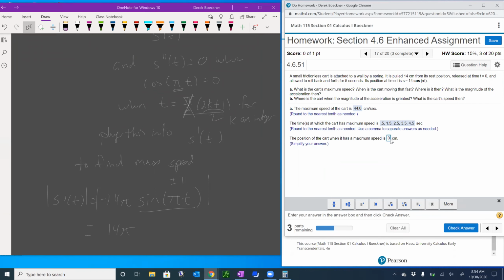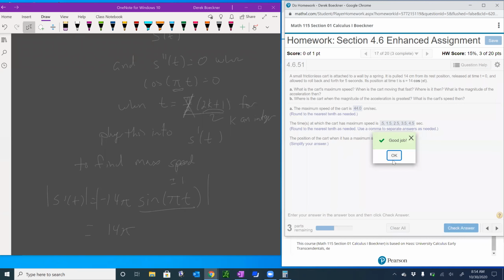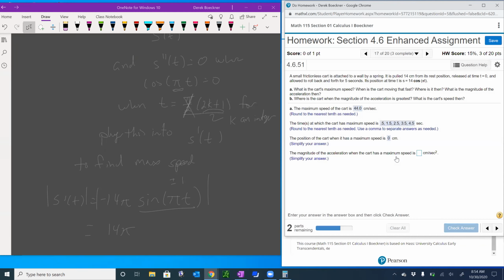Maximum speed is always at 0 centimeters because that's where its resting spot is. So we talked about that already. The magnitude of the acceleration is going to be 0, right? Because it's changing from a positive acceleration to a negative acceleration.